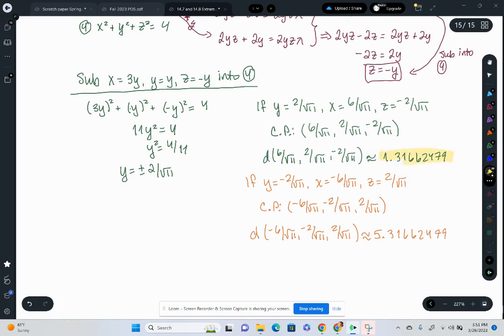Okay. These are the 2 distances. Clearly one is bigger than the other. Okay, so this critical point up here is the closest because it is the shortest distance between the 2 points. And this second critical point down here is going to be the furthest away.